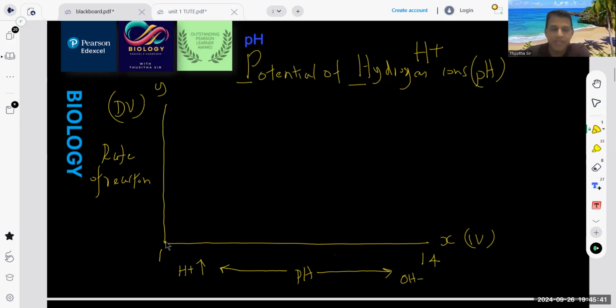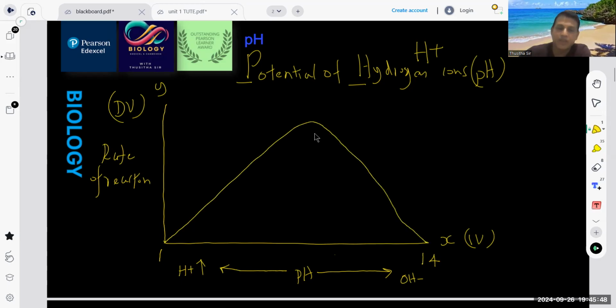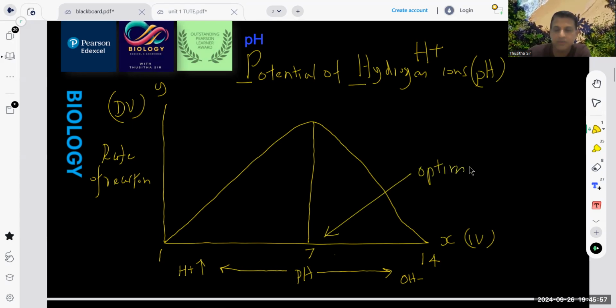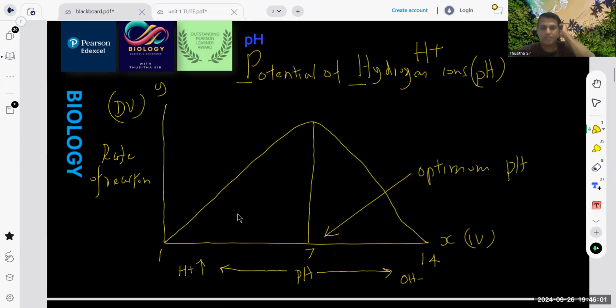So enzyme reactions again go up like this and then decrease. The pH with the best rate of reaction is called the optimum pH.